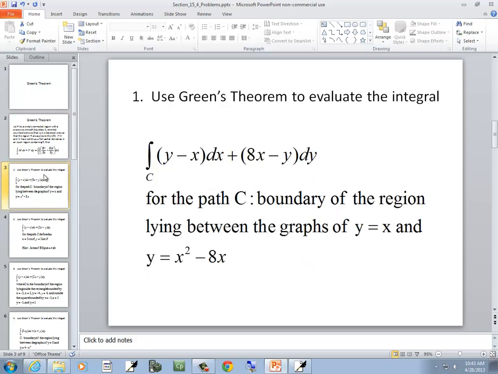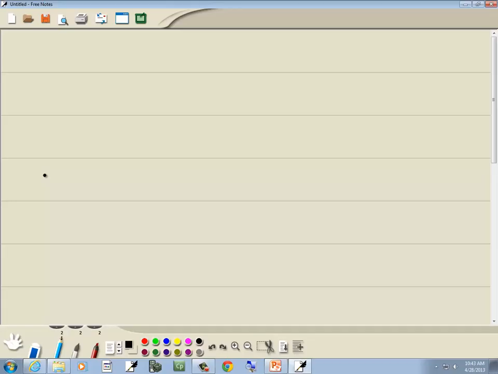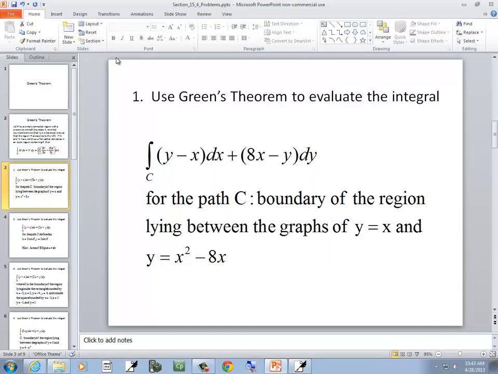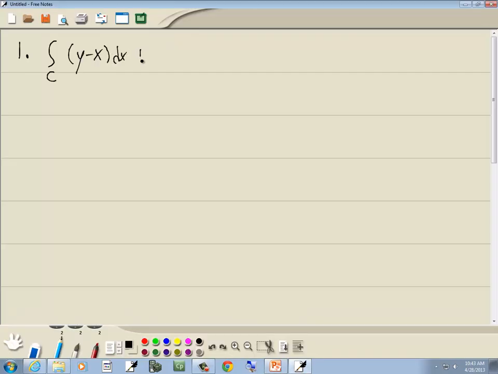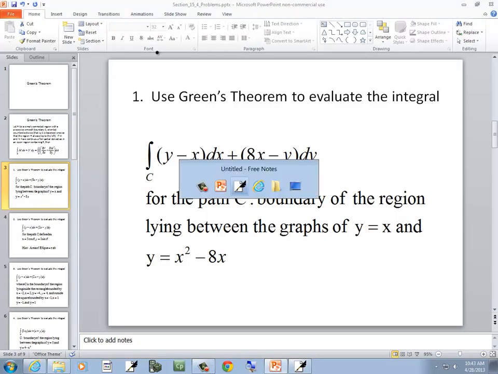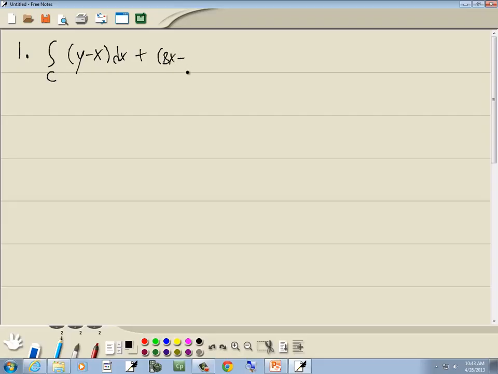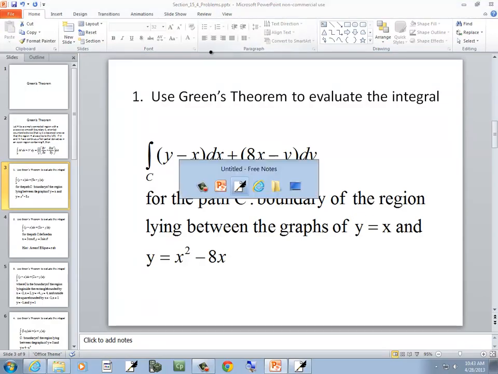So let's take a look at a problem. Okay, so we got this integral, y minus x dx plus 8x minus y dy, for the path C, boundary of the region lying between the graphs y is equal to x and y is equal to x squared minus 8x.